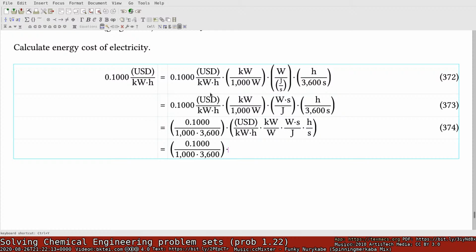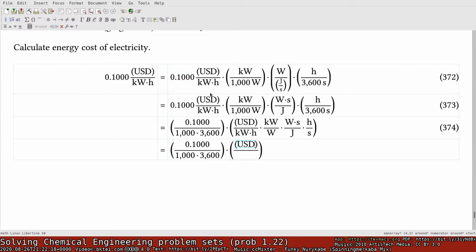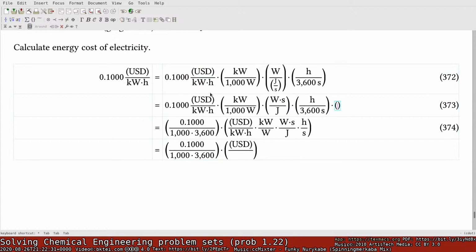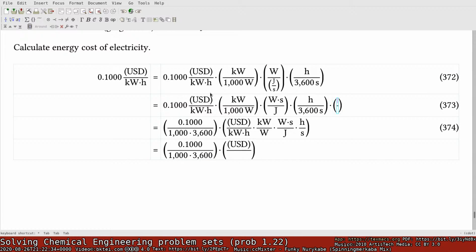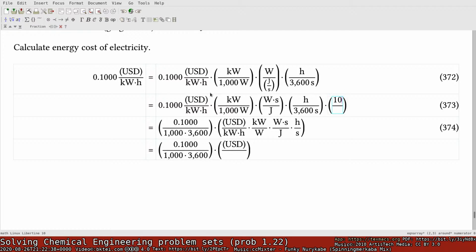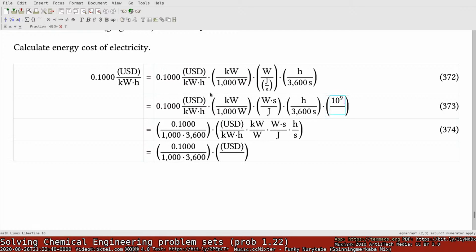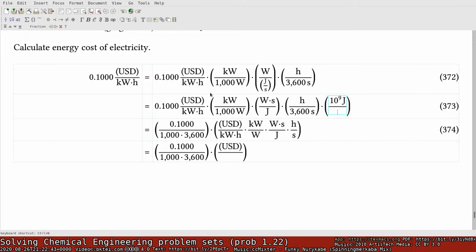That reduces down to USD per, well, see, we're not done yet. We gotta get to gigajoules. Might be a little too early. So we're in joules now. Now we gotta go from 10 to the 9 joules per gigajoule.